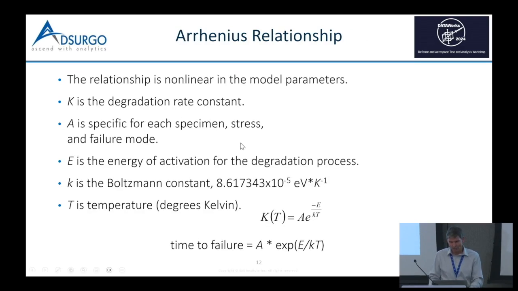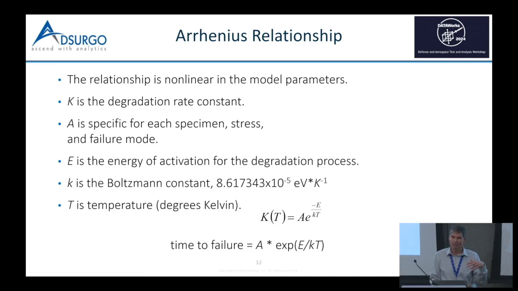So here's the Arrhenius relationship. This is your time to failure, if you will. Time to failure is A, which is specific to a particular part, and we're going to estimate that from our data. Then negative E is the activation energy, K is Boltzmann's constant, and T is whatever temperature you're at in Kelvin.